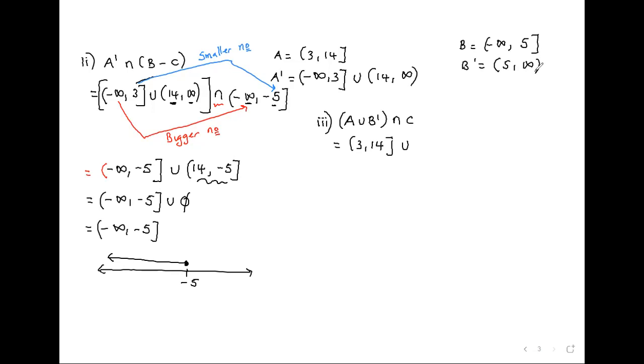Then now you say, okay, we bring it here now. 5 to positive infinity. Here we are finding A union B complement. Because it's union, we say between 3 and 5, for union, we get the smaller one, we get the smaller number. And then between 14 and infinity, we get the bigger number.